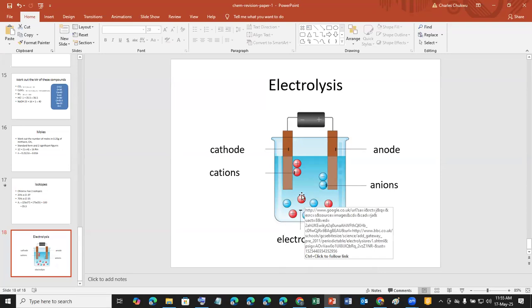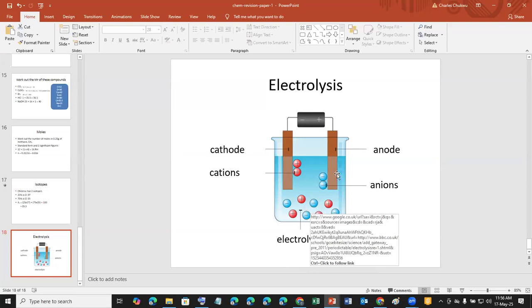Positive ions will go towards the negative electrode, while the negative ions will go towards the positive electrode, in this case, the anode. All right. And then, why are they going there? Attraction, electrical attraction.